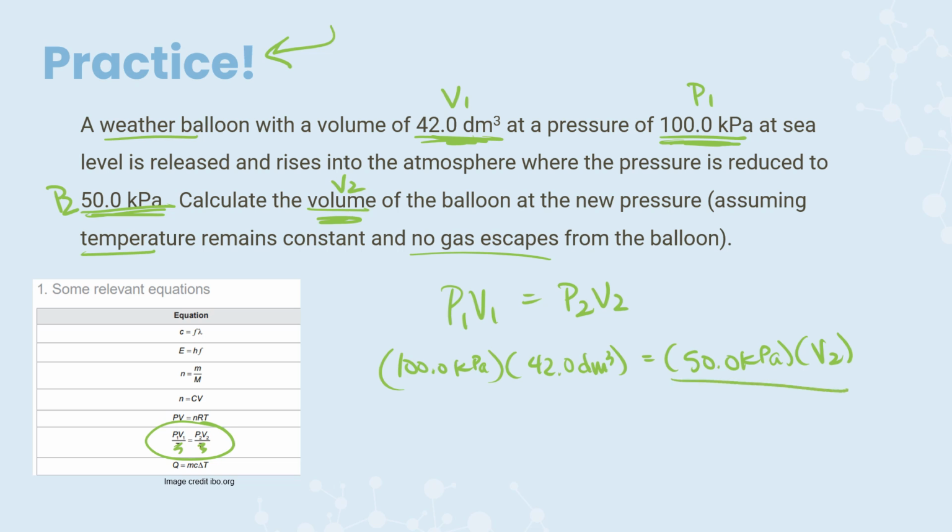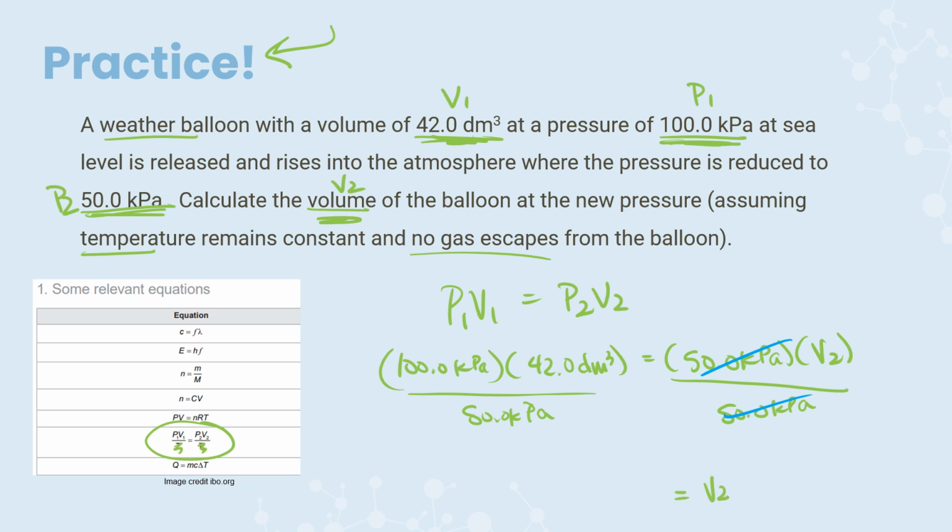We're going to divide both sides by 50 kilopascals. Divide by 50. Whoa, I lost a zero. Kilopascals. What's going to happen on the right side of our equation is that 50 kilopascals is going to cancel out and cancel out. We're going to be left just with V2.